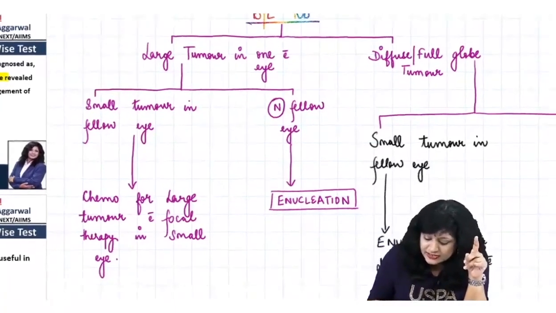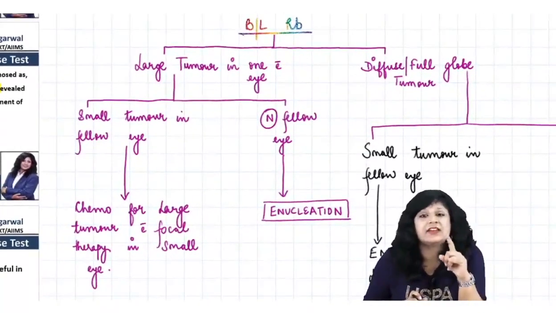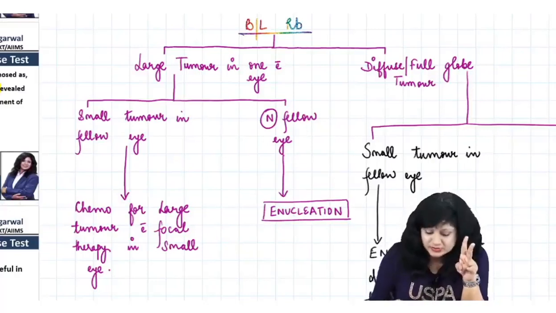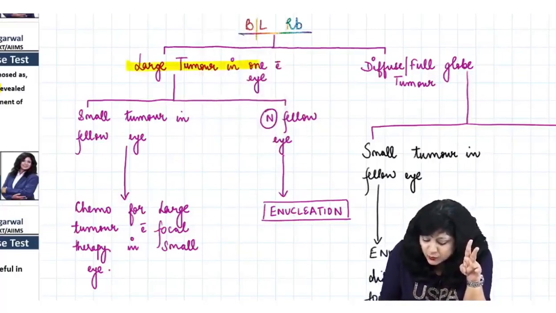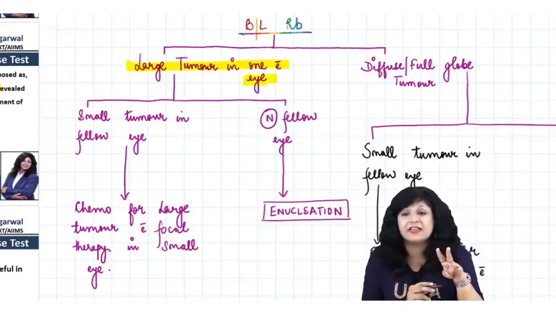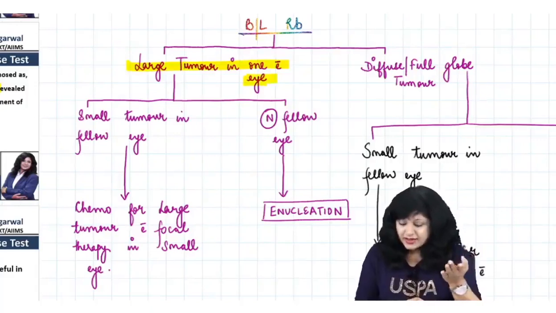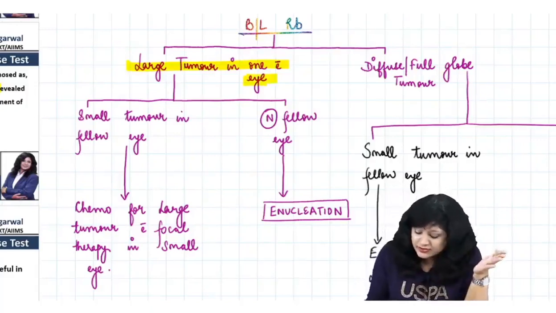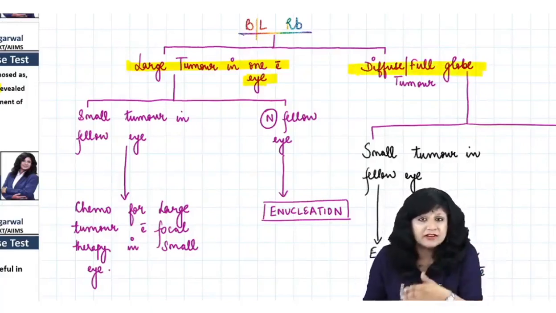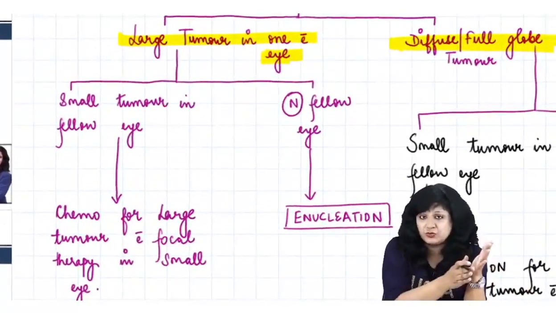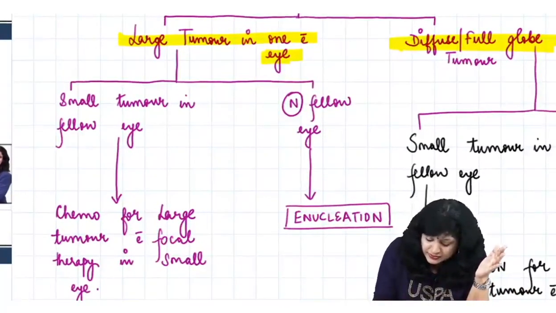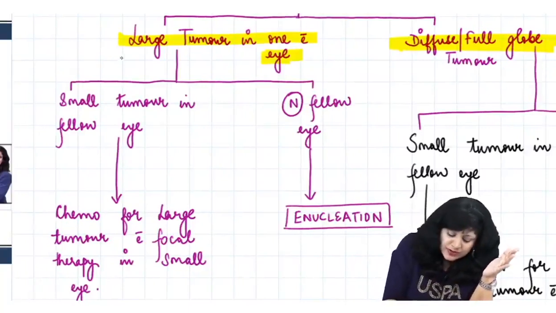See, if it is a case of bilateral retinoblastoma, then there are two possibilities. One is that you have a large tumor in one eye and the other eye is having some other thing, okay, and the other option is that you have a diffuse full globe like the one which is given in this option. So if you are having a large tumor, you can consider it to be more than 10 mm.